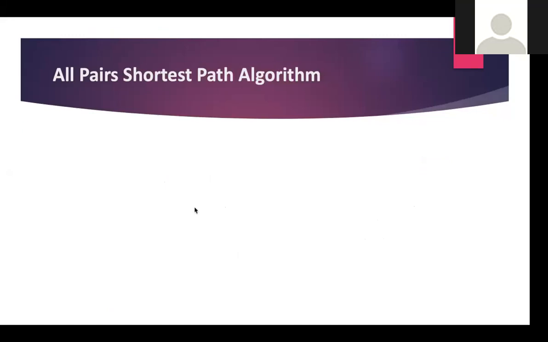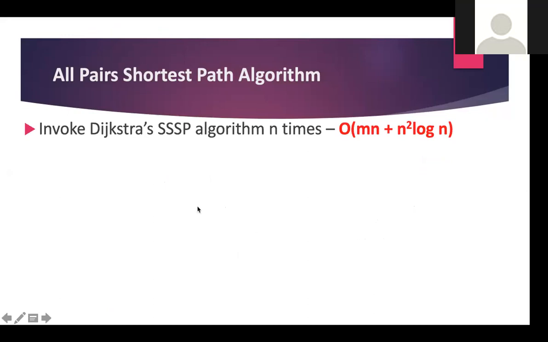Now, if you wanted to invoke Dijkstra's algorithm n times, the running time becomes something like m times n plus n squared log n, which is not too bad, but Dijkstra's algorithm is quite complex, and you have to use these fancy data structures like a priority queue. So overall, it turns out to be a little bit more work than is necessary.